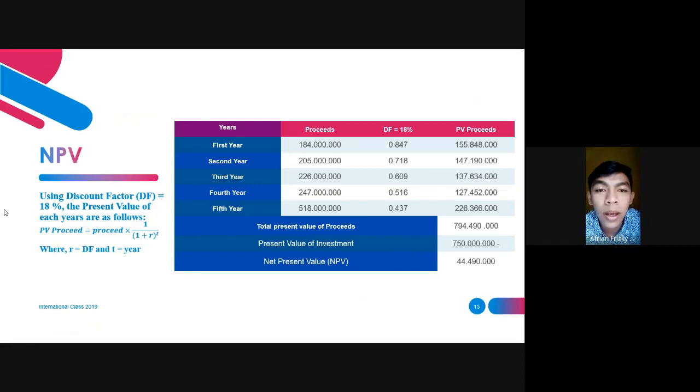And then we calculate the net present value or NPV using the total present value of proceeds subtracted by the present value of investment. So we get the net present value is 44 million and 490,000 rupiah. Okay, next.